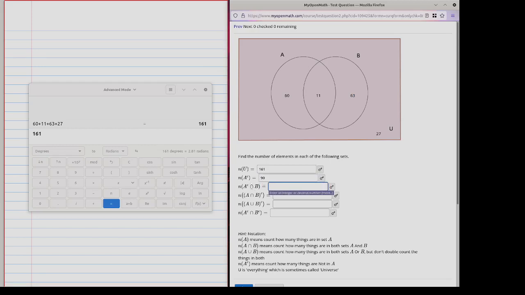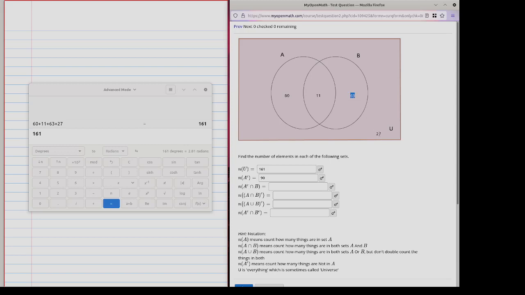Now, in this next problem, we get another symbol that looks like an upside down U. This is called the intersection, and we can read it as the word and. So I want to find the number of items that are in the complement of A, or A complement, and the set B. First of all, look at A complement. That's everything outside of A, which was the 63 and the 27.